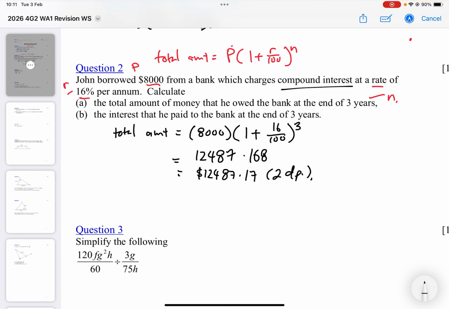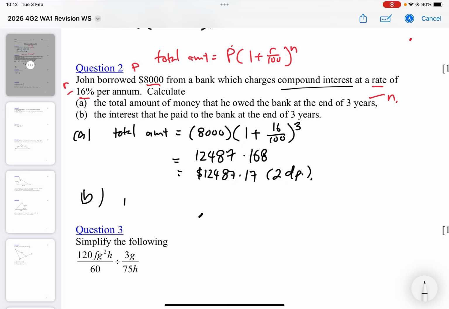So if I want to answer part B, they are asking for the amount of interest. So the amount of interest is the money that I pay for borrowing money. Okay, so I borrow 8,000 but I pay back 12,487, which means this difference is the interest that I pay for borrowing money.